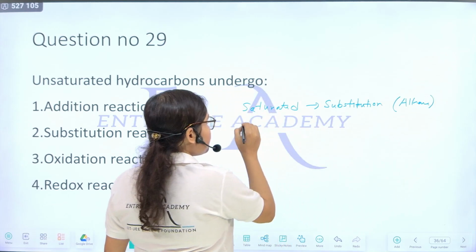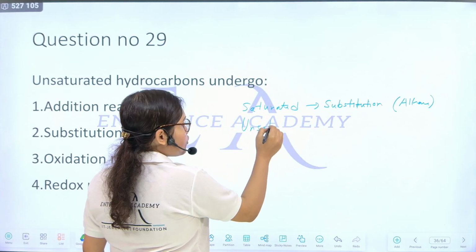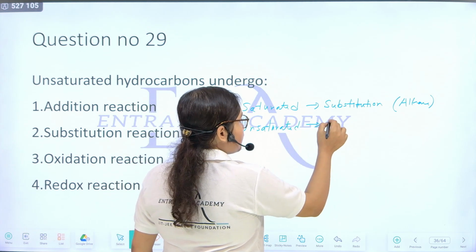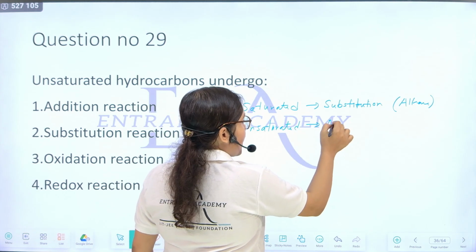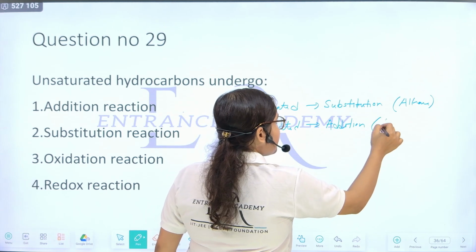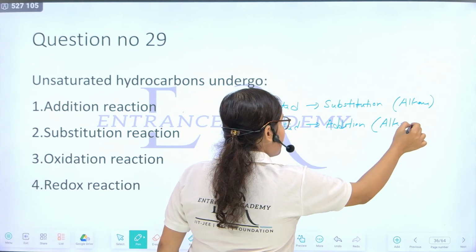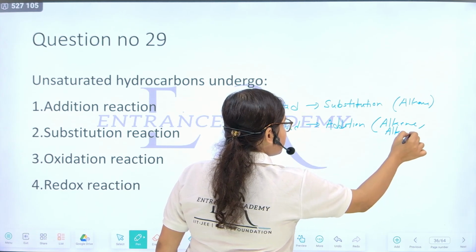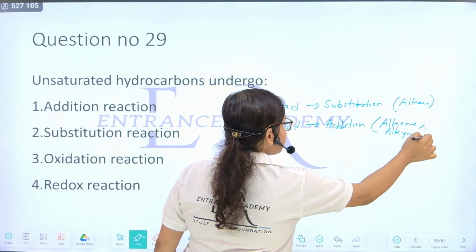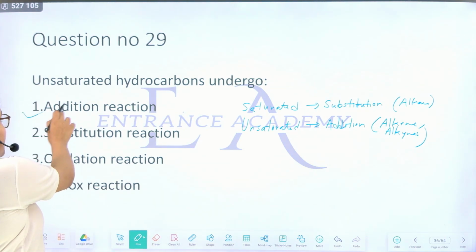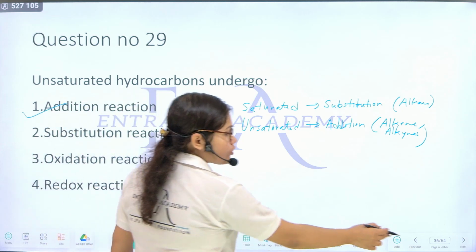Unsaturated hydrocarbons, alkene and alkyne, undergo addition reaction. So the correct option is unsaturated hydrocarbons undergo addition reaction. Correct option is option 1.